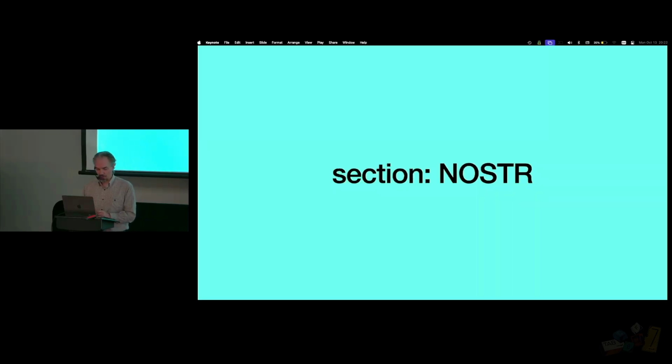So to go on for a moment about Nostr, Bitcoiners like Nostr as a Bitcoin-compatible social network, but Nostr does not have a way to do key rotation. The Nostr theory is you protect your private key.